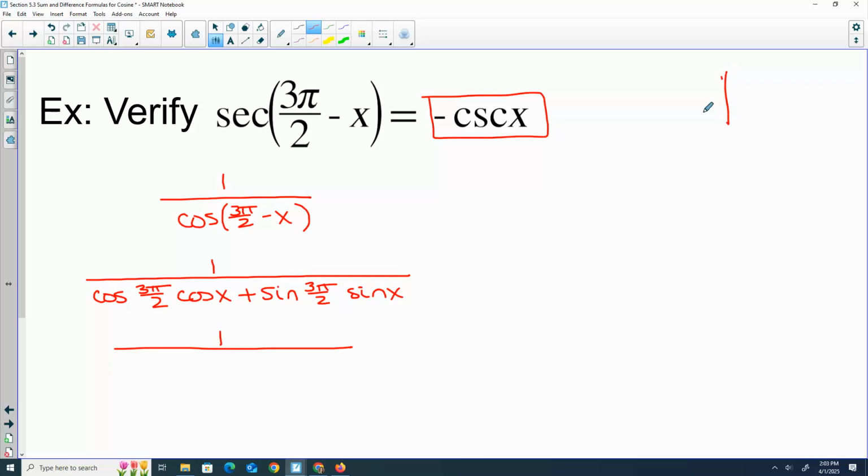If you think about on your unit circle, 3 pi over 2 is right here. That's the point 0, negative 1. Cosine is the x, so cosine of 3 pi over 2 is 0 times cosine of x. Sine is your y, sine of 3 pi over 2 is negative 1.